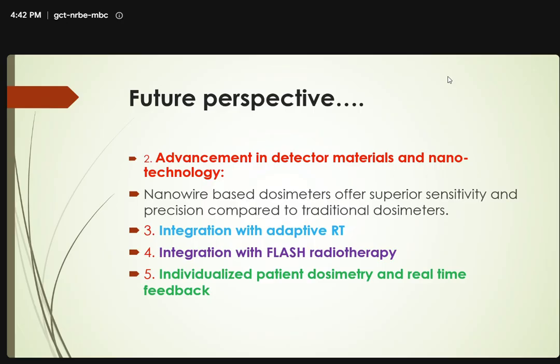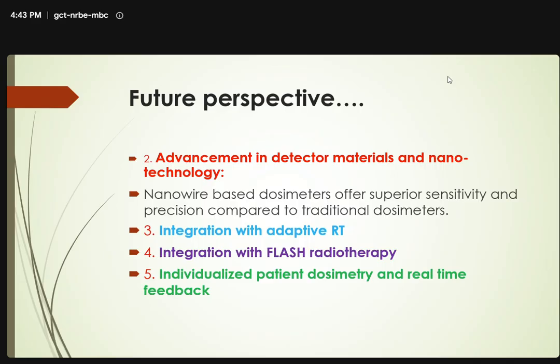So, we can say that IVD is expected to play an important role in this modality by providing a real-time dose feedback, and their seamless integration of IVD with this adaptive radiotherapy could significantly enhance the precision and effectiveness of the treatment, ensuring that the dose delivery remains optimal despite any anatomical variation.